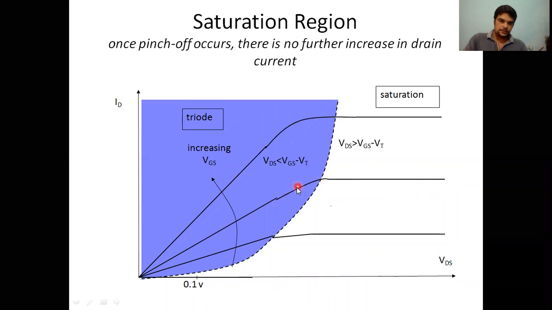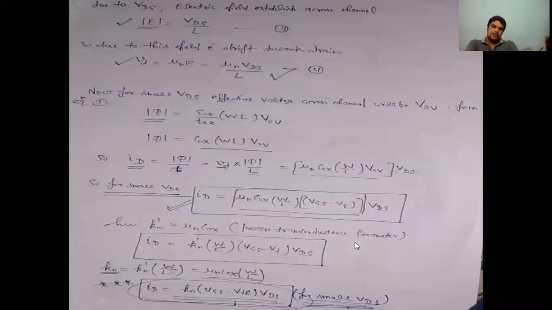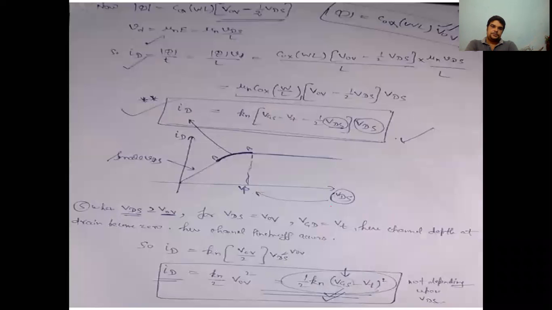This is the region for the curve shape, and this is the region for linear. So we derived three equations: for small values of VDS, as VDS increases we get this curve shape, and when VDS is equal to VGS minus VT, we get this. So this is the derivation of drain current.